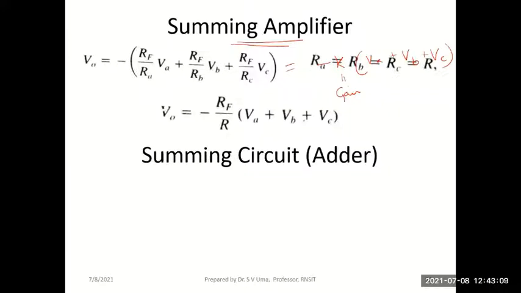Okay, now in this case, can you tell me when will I convert it to simply add and invert? Inversion is there, I am not removing the inversion. If I just want to add all the three inputs and I don't want any gain, what should I do? Please answer. Something is asked, I want you to answer.